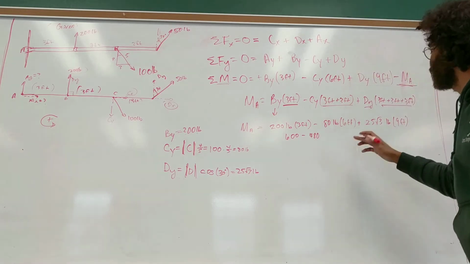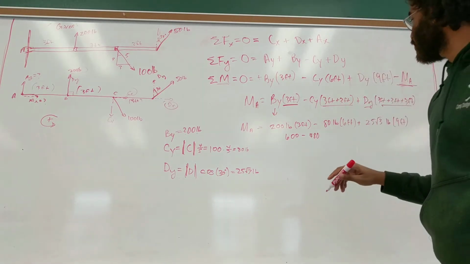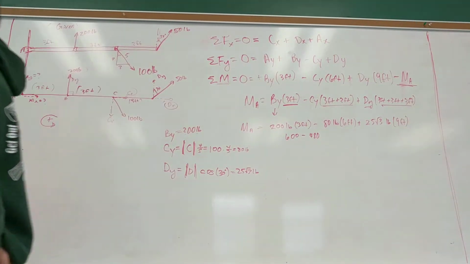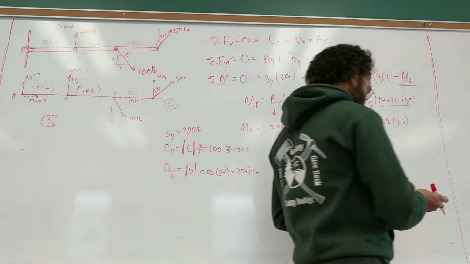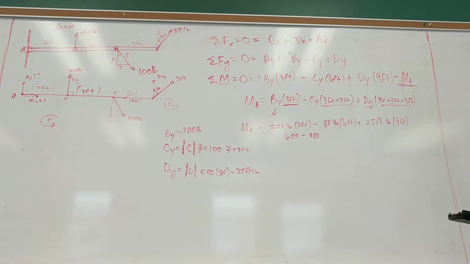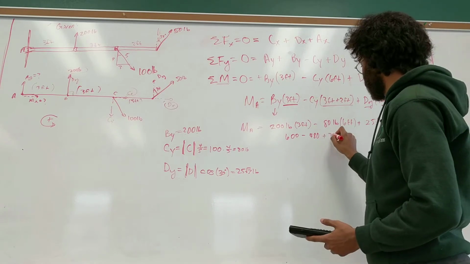And then this would be 25 root 3 times 9, and we get plus 389.71.